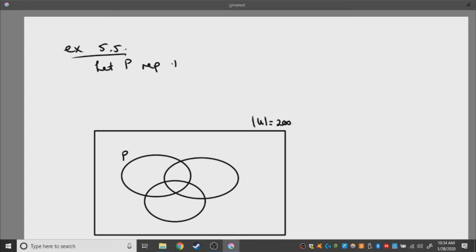Do I say P represents the number of people? No. You could, but then you need lines there. You can't have one without the other. If I don't have lines, which makes a little more sense, I'm just defining the name, then it's the set or collection of people taking some sort of psychology.